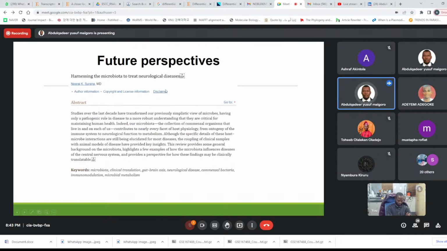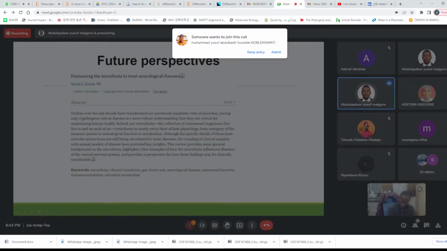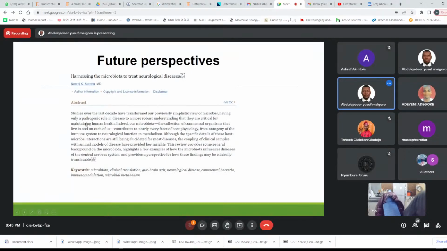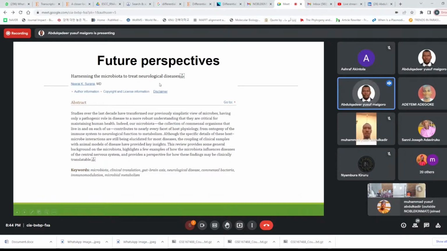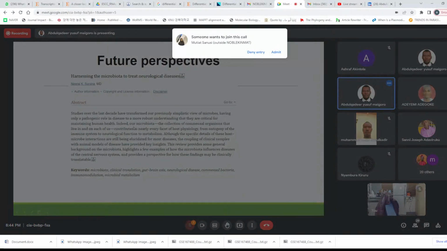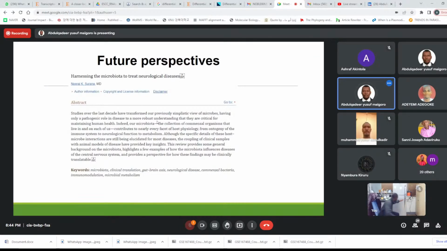So after understanding this concept of a relationship between gut and brain, some groups of scientists started to treat all these neuronal diseases solely based on the microbiome. They use the microbiome, they introduce it, as I said, to the host, and then they observe the dysbiosis as well as the symptoms of those unhealthy individuals.